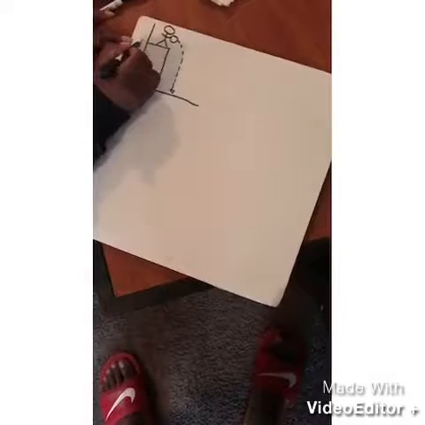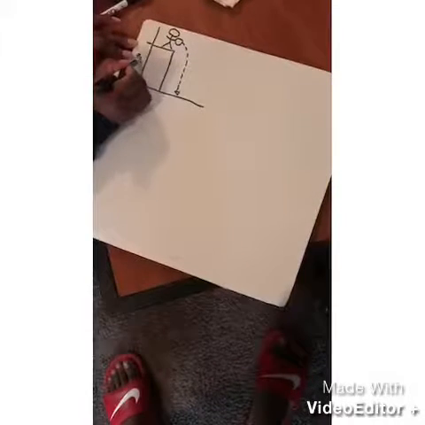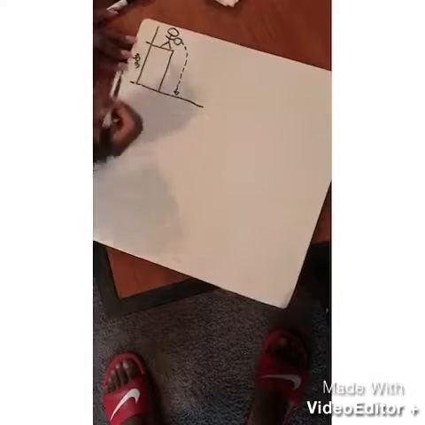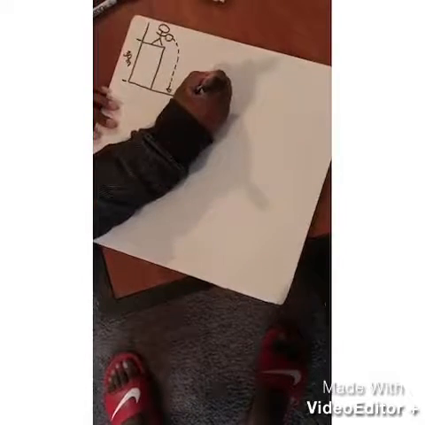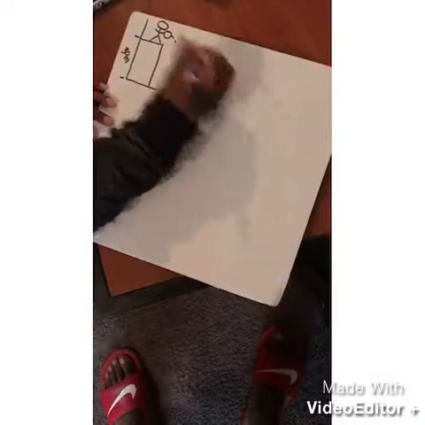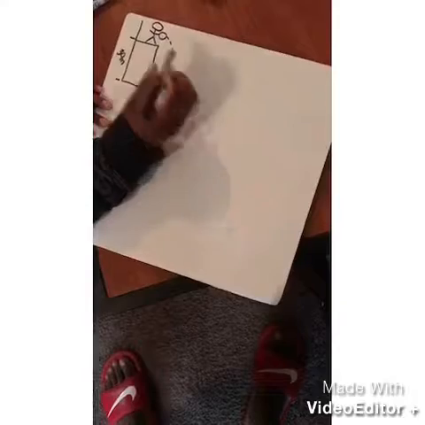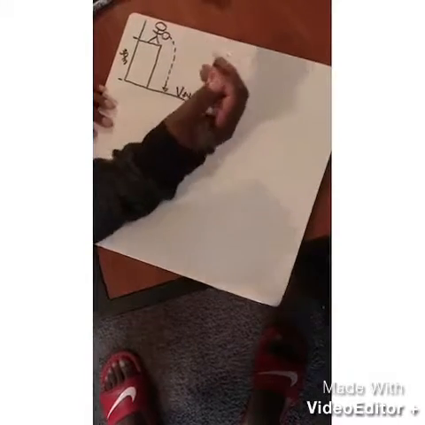And the height of this cliff is going to be 30 meters. And we're going to try to find the final velocity of the ball that the stick figure person is dropping down. And that's going to be our picture.